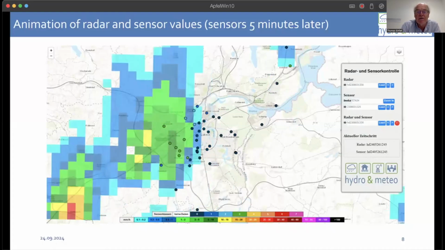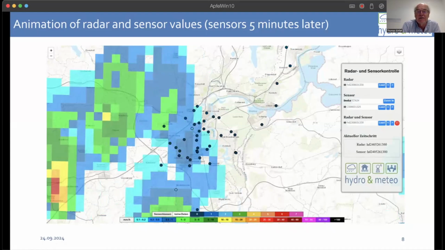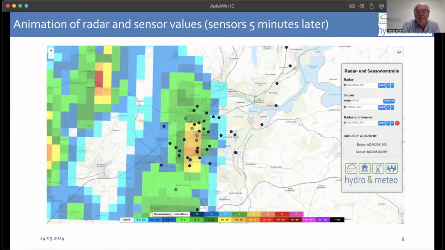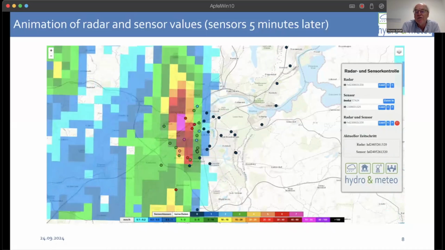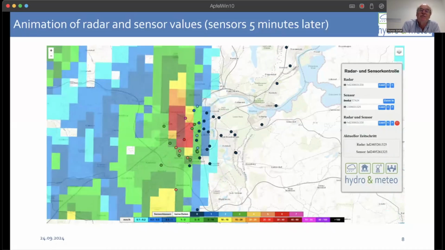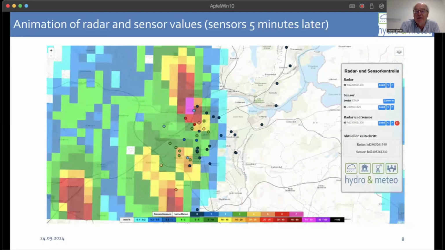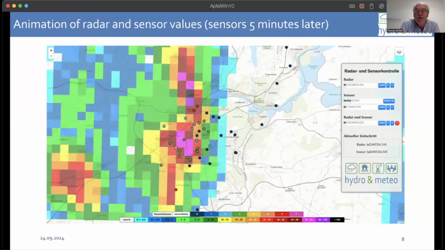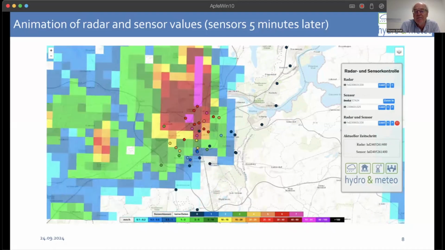and they are reacting in similar colors as the radar intensity is giving. But some of the sensors are also giving a different intensity than the radar. And so the question is, why is it? Is it a problem with the sensor?